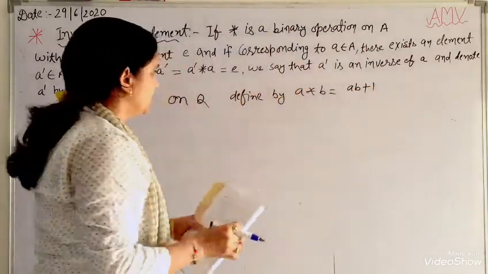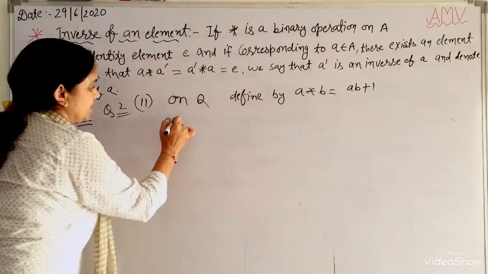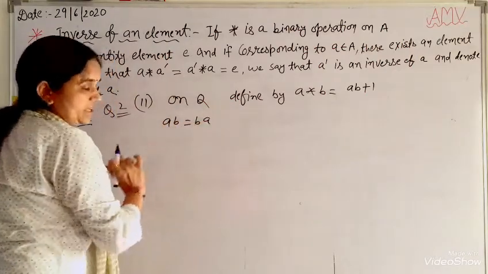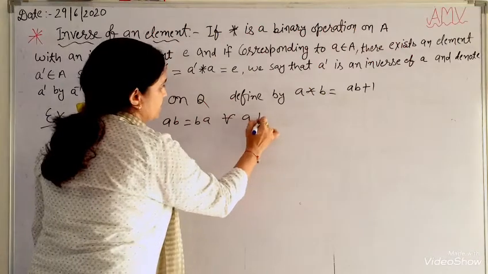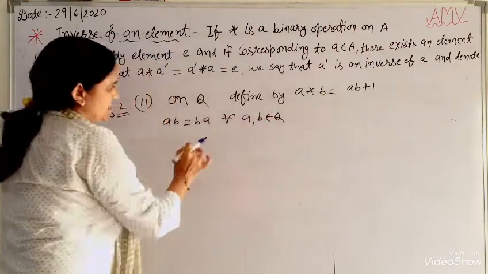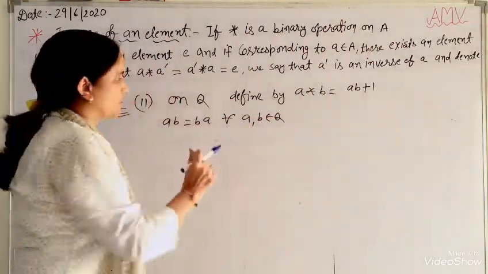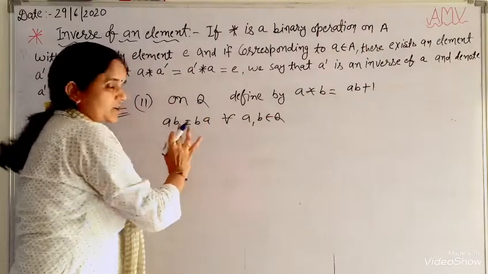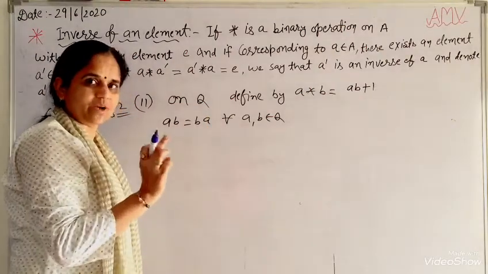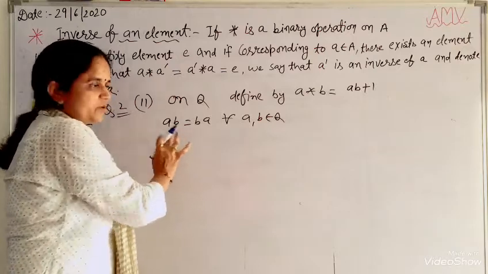Students, you all know that ab is equal to ba for all a, b belonging to Q. If you are taking any 2 elements from Q, then ab is equal to ba. Multiplication of the 2 elements is commutative.